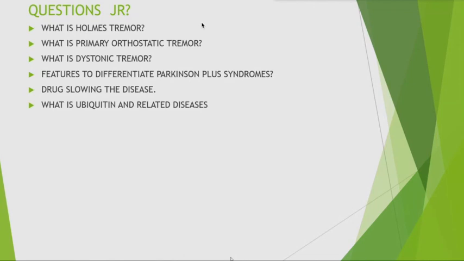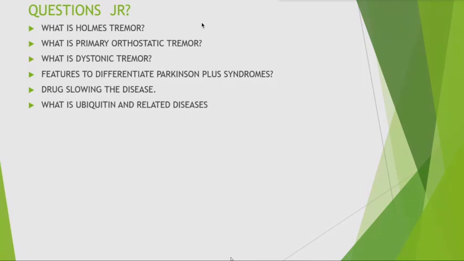And what is dystonic tremor? Dystonic tremor is a tremor occurring in people who are having dystonia of the limbs. So as the dystonic tremor appears, you just tap the affected part and the tremor disappears. That's a classical feature. Tell me how to differentiate Parkinson plus syndromes.